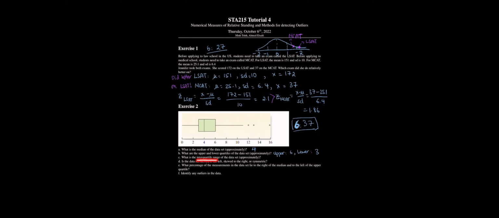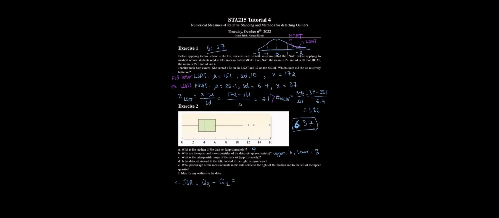What is the IQR of the data set? How do you get 3? 16? Yeah, again, IQR is equal to the third quartile minus the first quartile.